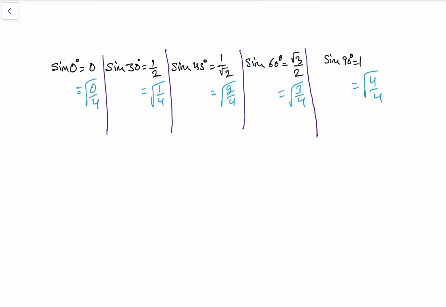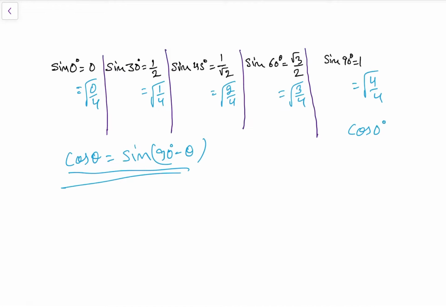And we also know that cos theta is sin 90 minus theta. So from the same we can derive the value of cos 0 degree, cos 30 degree, and so on. So cos 0 degree will be the same as sin 90 degree.